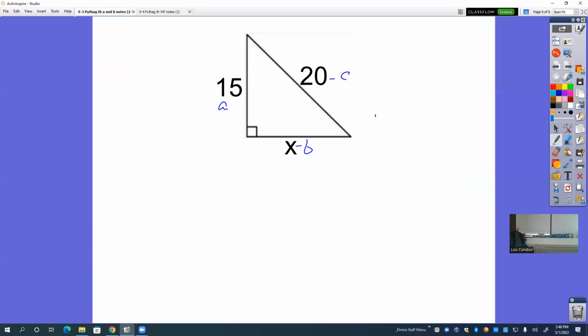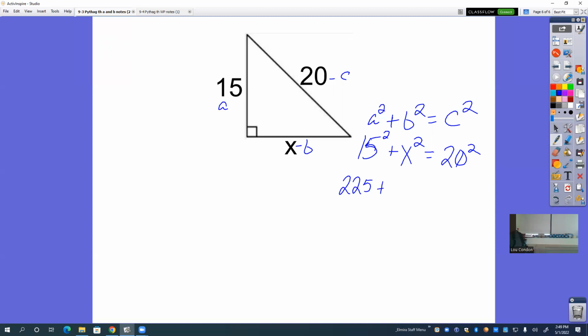A, B, and C. A squared plus B squared equals C squared. 15 squared is 225. 20 squared is equal to 400.